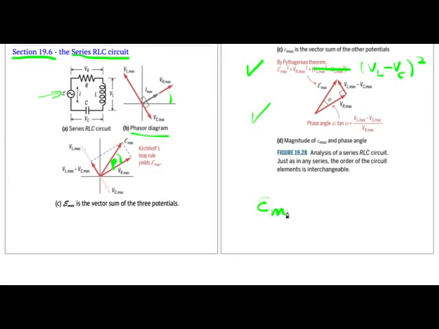The Emax depends on the generator. It's the amplitude of oscillation of the electromotive force, which is driving the current around the whole loop, the whole series RLC circuit.